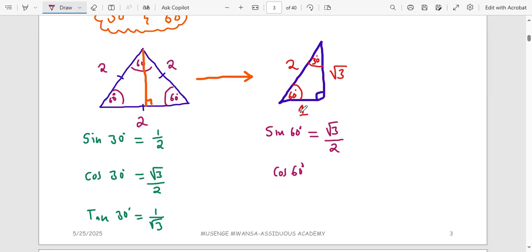The adjacent side is 1, and the hypotenuse is still 2. And tan of 60 is opposite over adjacent: root 3 over 1, which is just root 3.